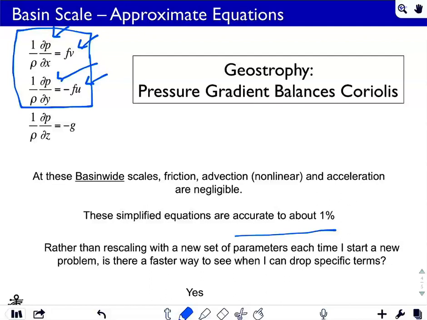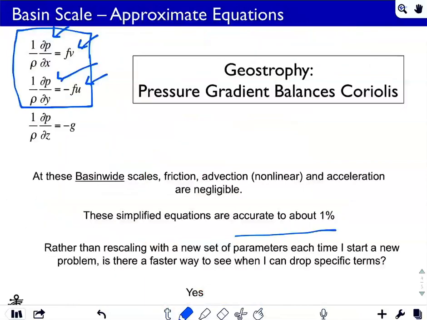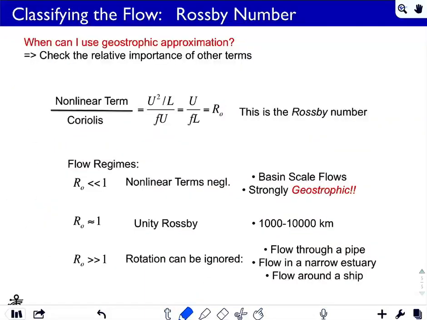So rather than rescaling every time, we can just look at an important term, which is the relationship between the size of this term, u squared over L, which is your advection or your nonlinear term, and the size of this term, which is your Coriolis parameter here. Just look at the ratio of those two parameters, u squared over L and fu. Just divide them.